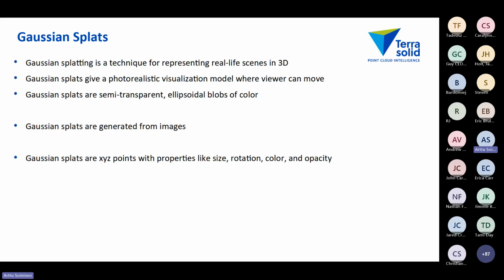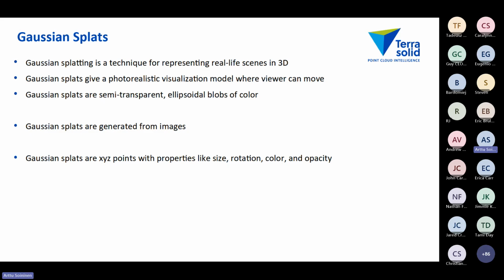Gaussian Splats is a technique for representing real-life scenes in 3D. So it's a visualization method. Gaussian Splats give us a photorealistic visualization model where the viewer can move. So it is full 3D.